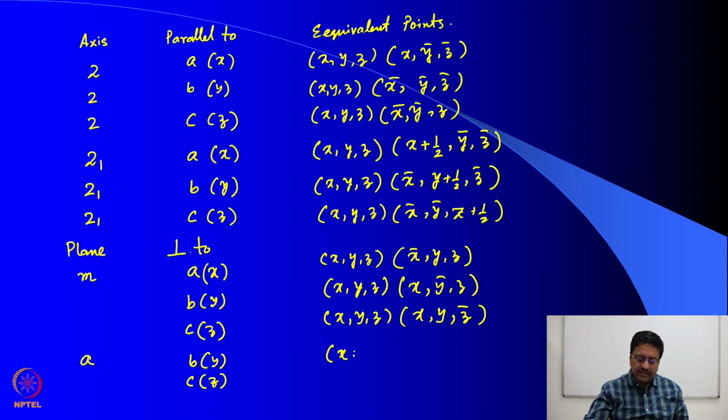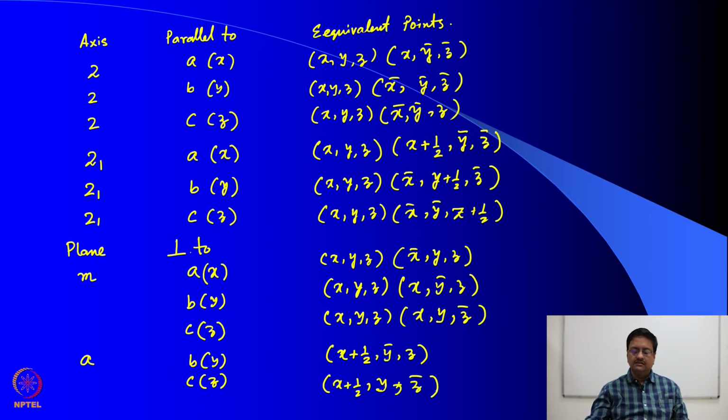So it should become x plus half, y bar, z. Similarly, in this case, the translation is again along x, reflection is perpendicular to z, so y remains as y and it becomes z bar. So this is how you should try to convert these different glide planes and draw the corresponding equivalent points.